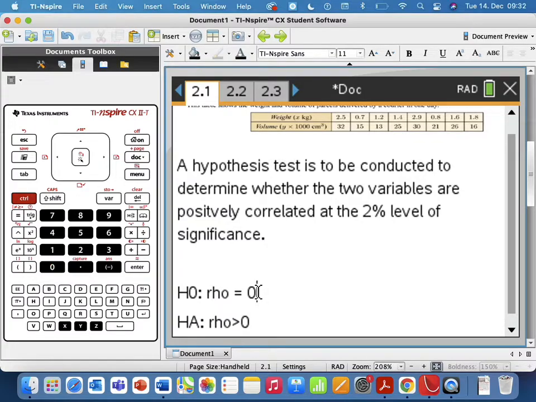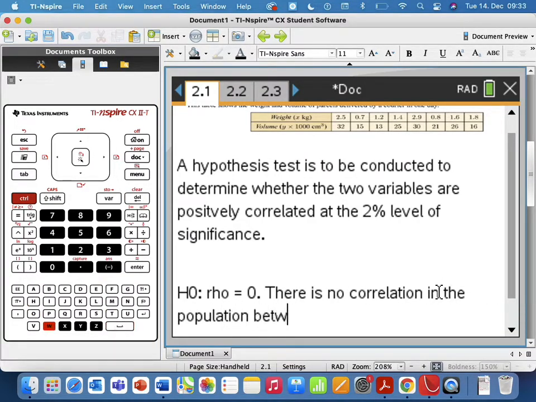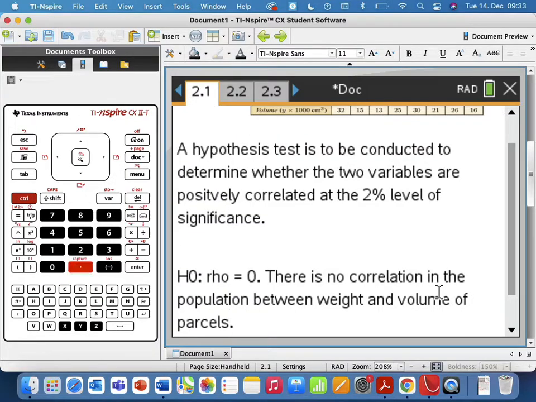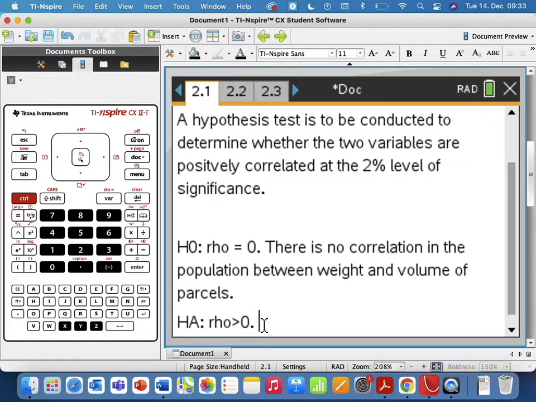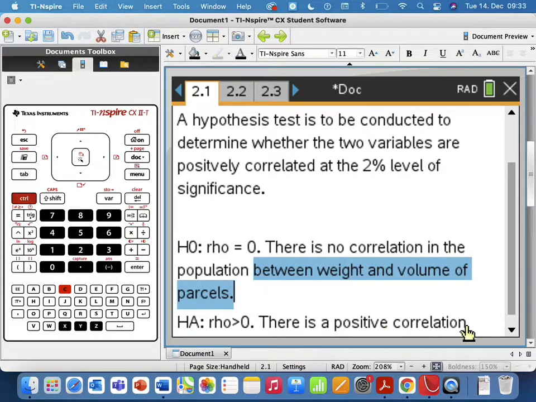In words, that would be there is no correlation in the population between weight and volume of parcels. I think that's what the words are. And then the alternate would be there is a positive correlation. And then we would just copy and paste across.